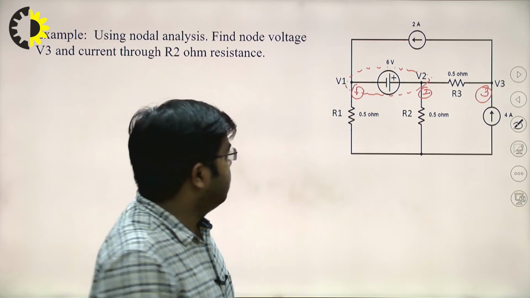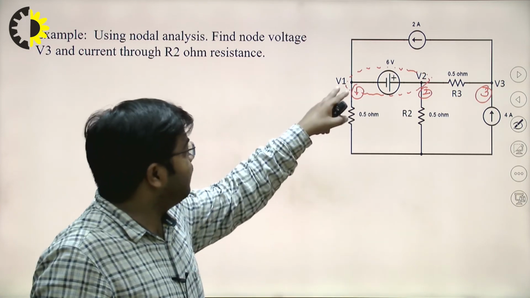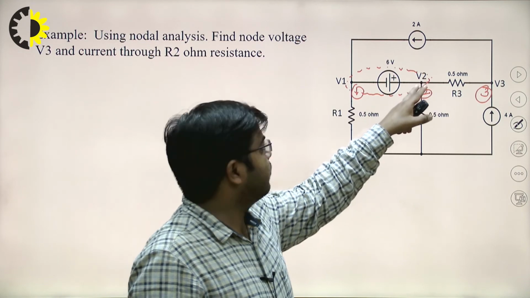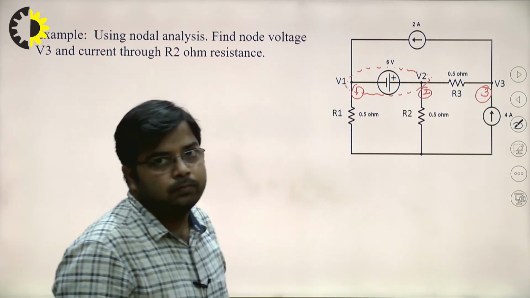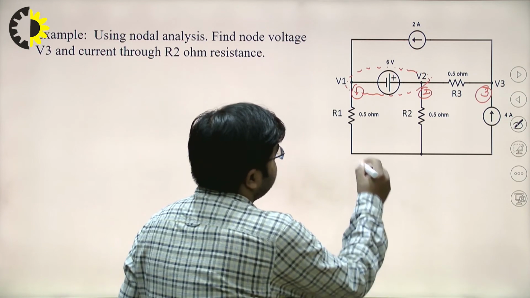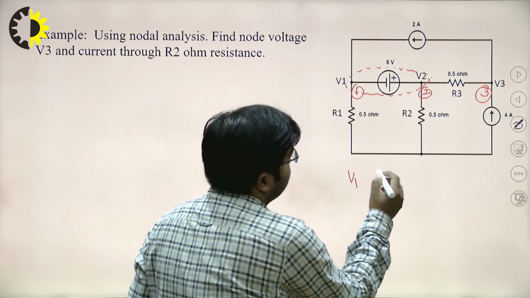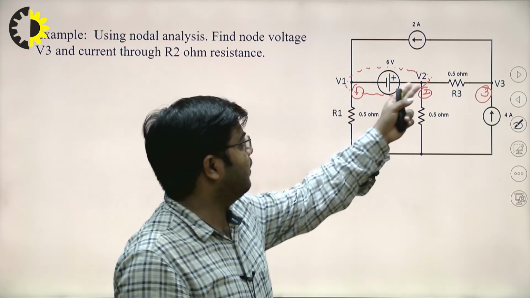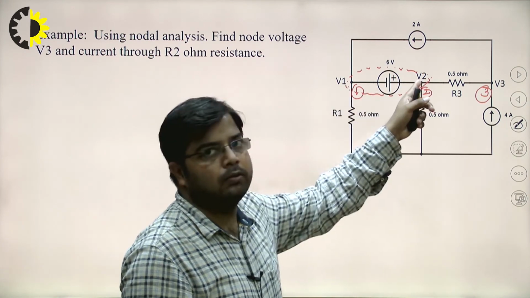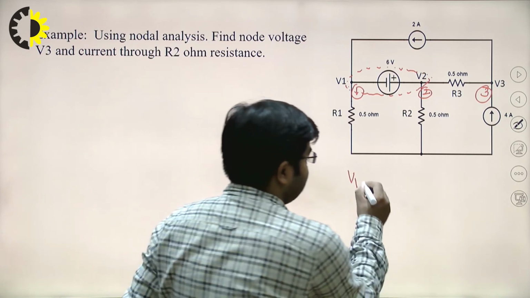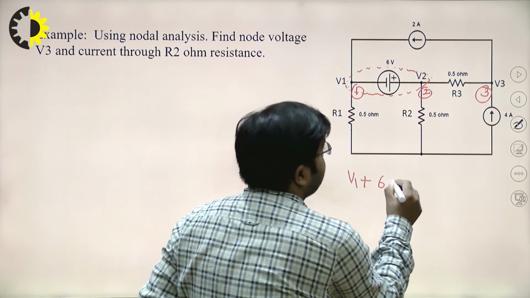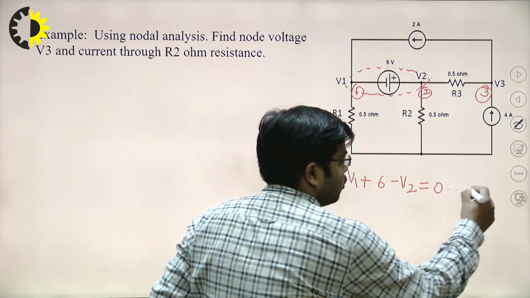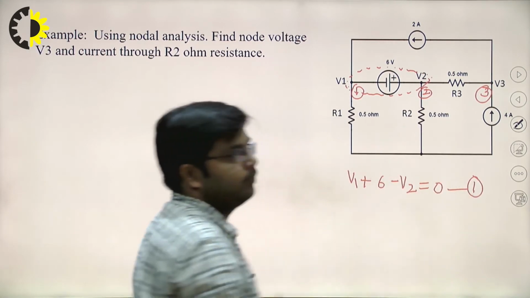If you get the V1 value, you can directly calculate V2. You just apply the KVL here from this point to this point. So V1 plus 6 minus V2 equals 0. Suppose this is equation number 1.